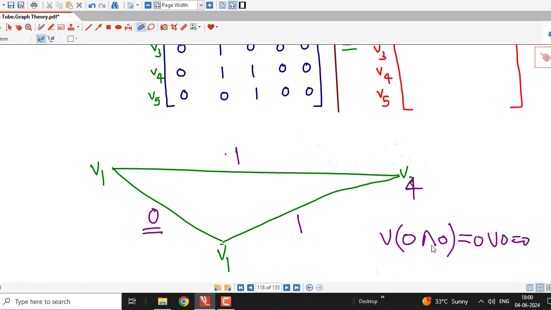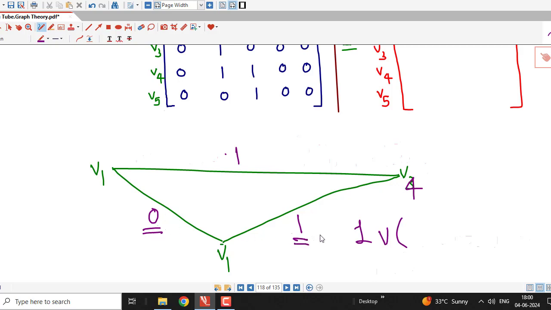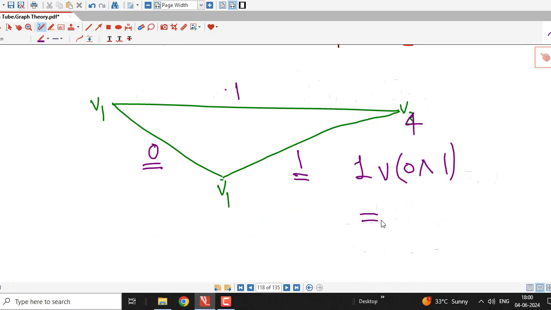So now I have this type of thing. What I am doing now, I am taking the OR between these two entries, 0 and 1, and this is 1 OR 0 and 1, which will give me 0, but 1 OR 0 is always 1.